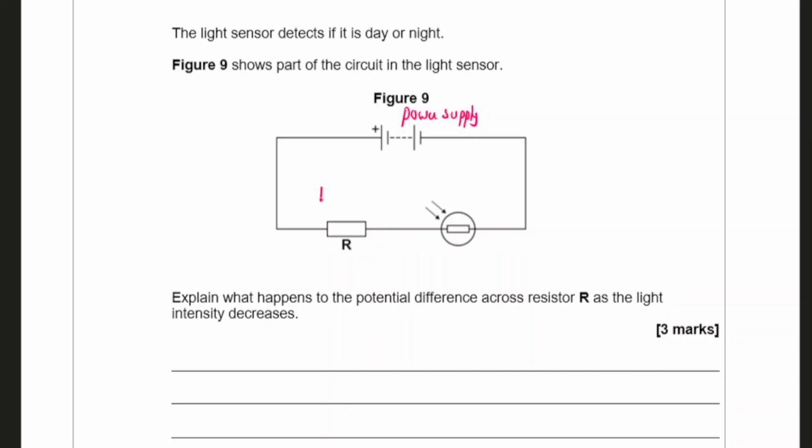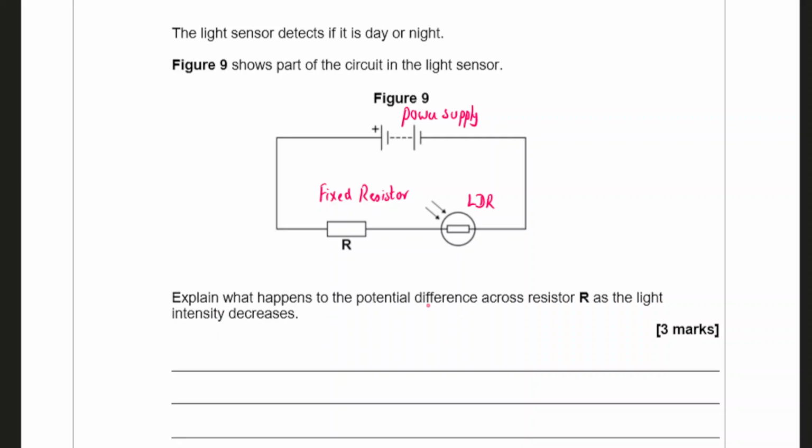The fixed resistor, and what is this? This is an LDR, light dependent resistor. There's a resistor here and the arrows indicate there's light coming through, so it's called an LDR.